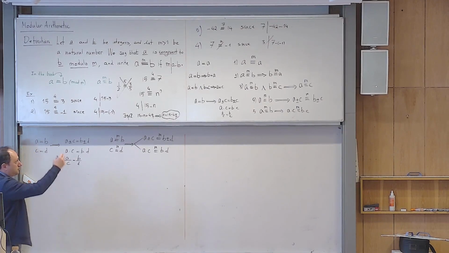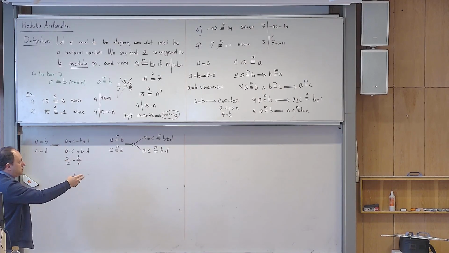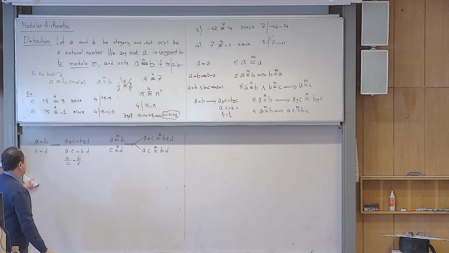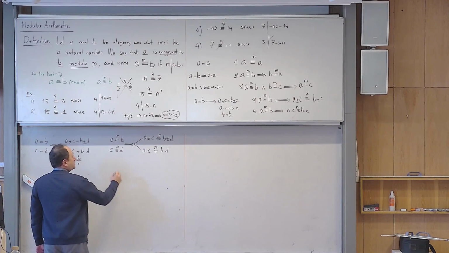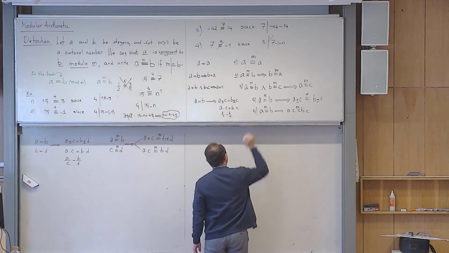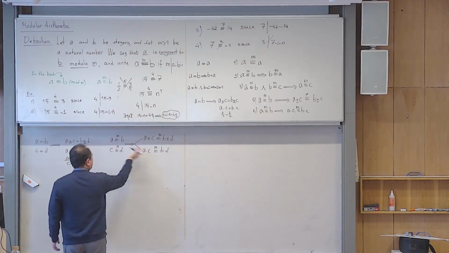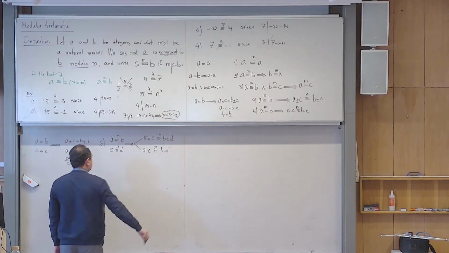So addition, multiplication, and subtraction are quite good, but when it comes to division, we don't have it. So this is property number 5. And this is property number 6 and 7 if you want to, but let me just write 6.